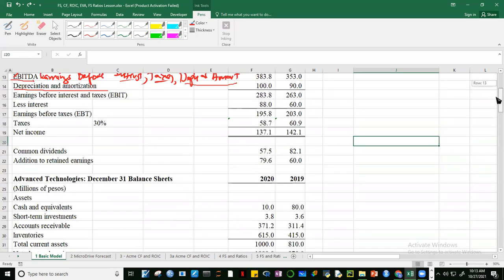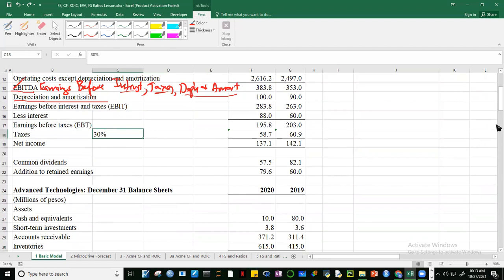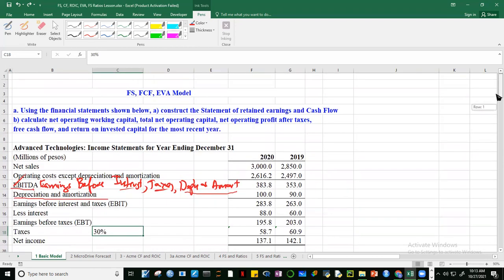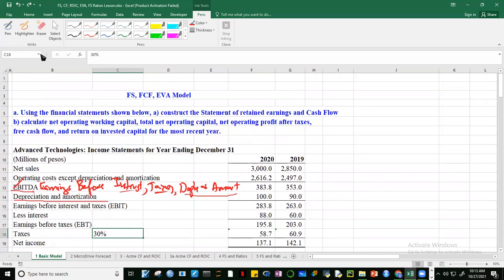In this case, the tax rate is 30%. We can give this a name. Let's call the 30% your tax rate. Your active cell should be in the cell which you want to name, so I'm going to name it as tax rate.